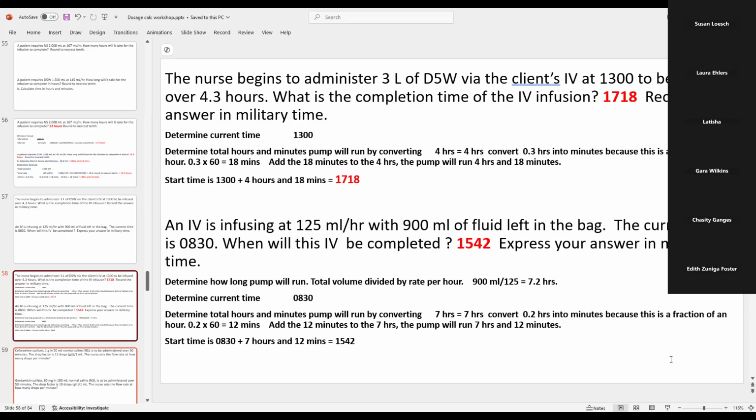Can we do the second one? I got the first one, but I didn't get the second one. Okay, I think your second one was off because it's supposed to be 7.2. It might be. So let's look at it.